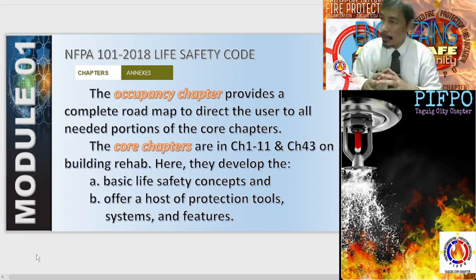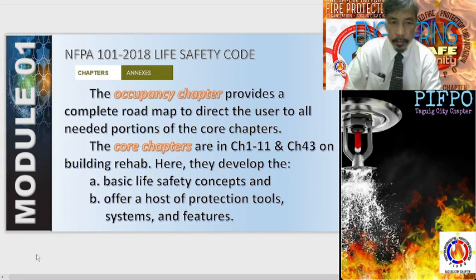So they go directly to the occupancy chapter for the project at the end, and then reference only those portions of the core chapters that apply to the project at hand, as directed by the occupancy chapter. So there is looking back and forth, but we will be focusing on the occupancy chapter. Whenever the occupancy chapter directs you to look back to the core chapter, that's the time you have to look back at it.